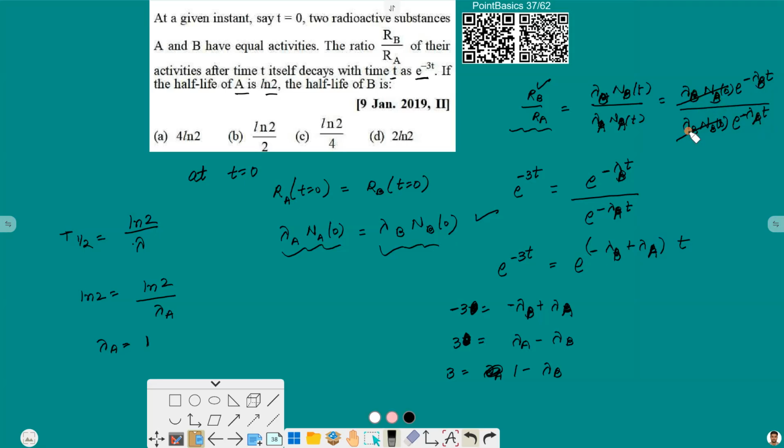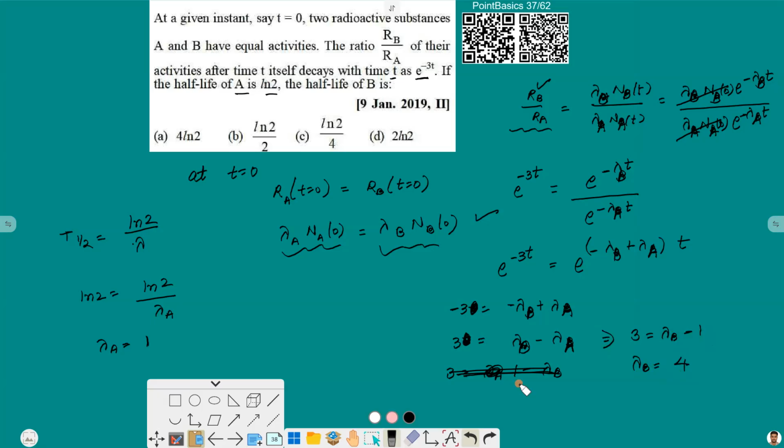So let me make this correction. So here I will have B minus A. So 3 is equal to lambda B minus 1, and from this lambda B is 4.